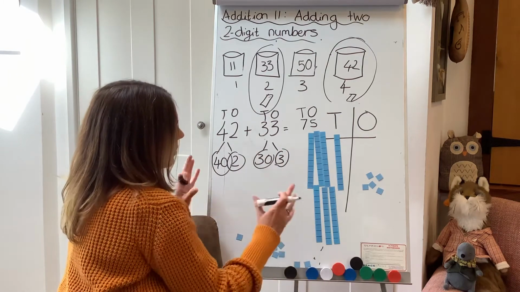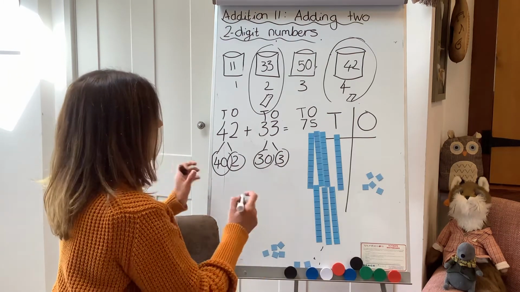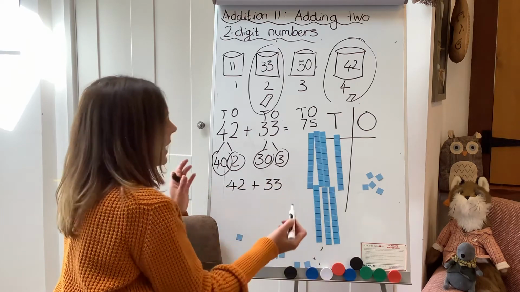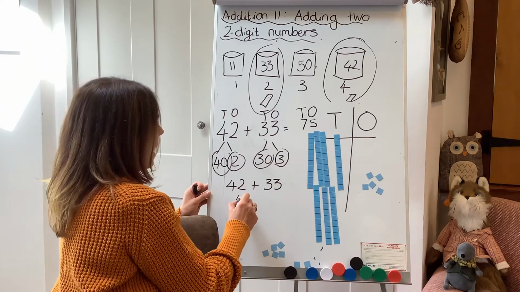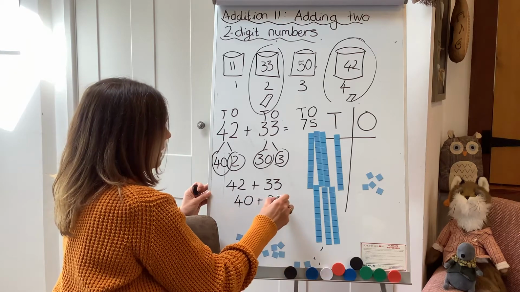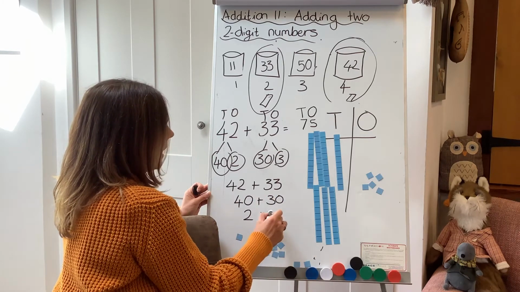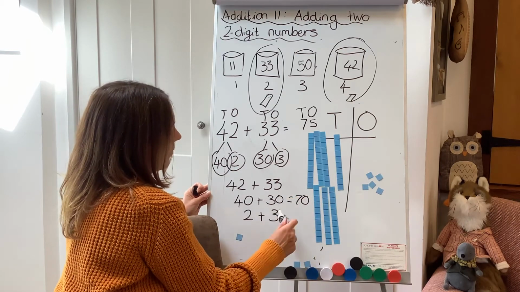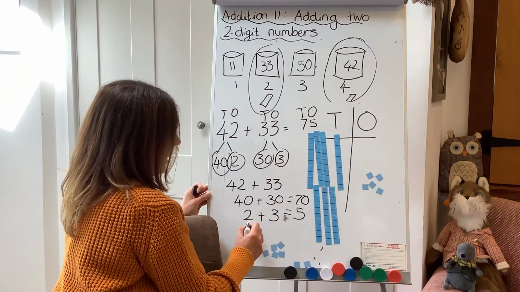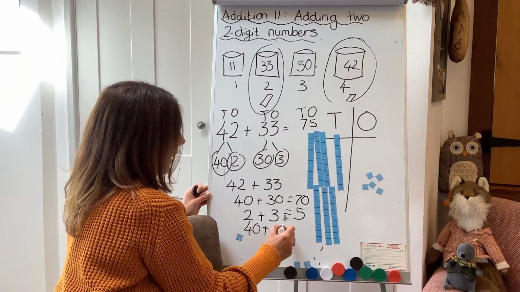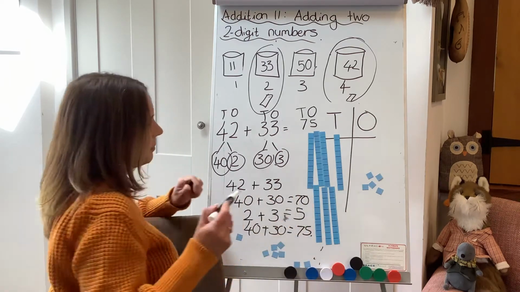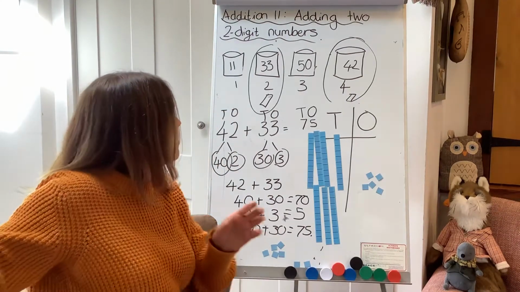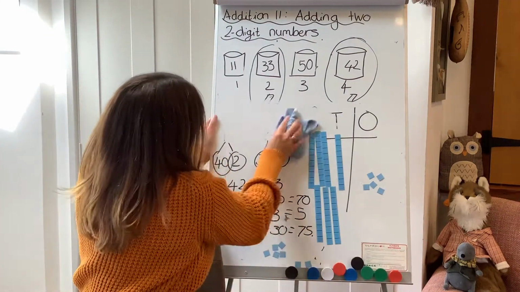When we move on to more formal written methods, we'll begin by doing this. 42 add 33, and we'll see that as 40 add 30 and 2 and 3 to make 70 and to make 5, and then add those together, 70 and 5 to make 75.